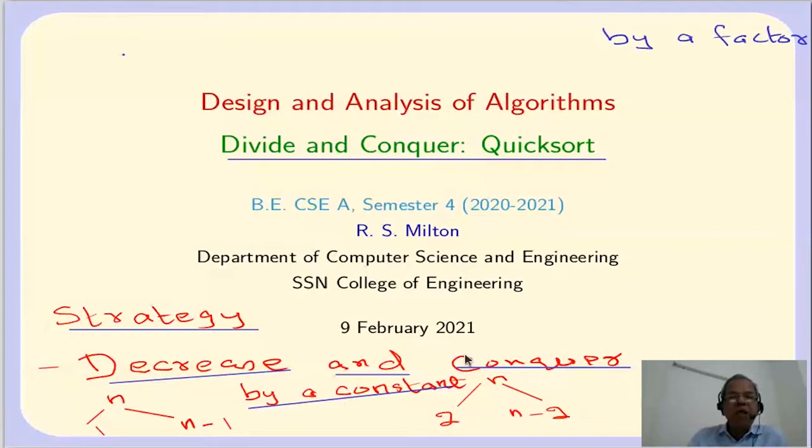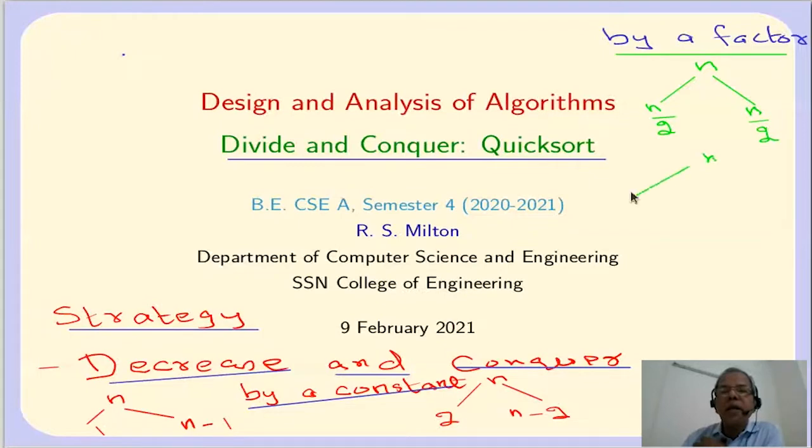Whereas in decrease and conquer, the problem size or the input size is decreased by a constant, in divide and conquer, it is decreased by a factor. If the input size is n, let's say it is decreased by a factor 2, so we have n by 2, or n by 4.